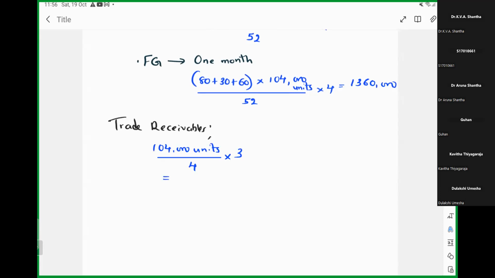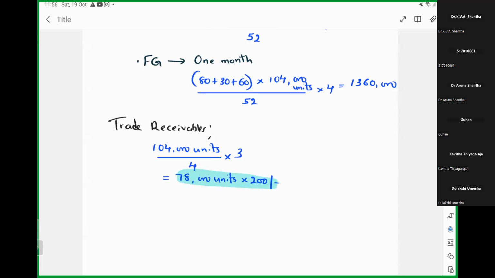So this is the amount of credit sales. 104,000 divided by 4 into the amount of credit sale, 78,000, into selling price 200. So this is the total credit sales value. During the year, your credit sales are 78,000 into 200.